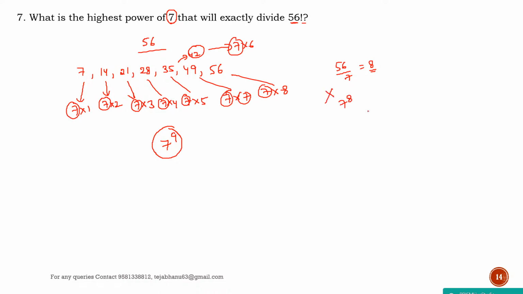In options we will find 7 power 8, no doubt about it, but this is not the right answer, because in 49 we have double sevens. So 9 is the highest power of 7 that will exactly divide 56 factorial.